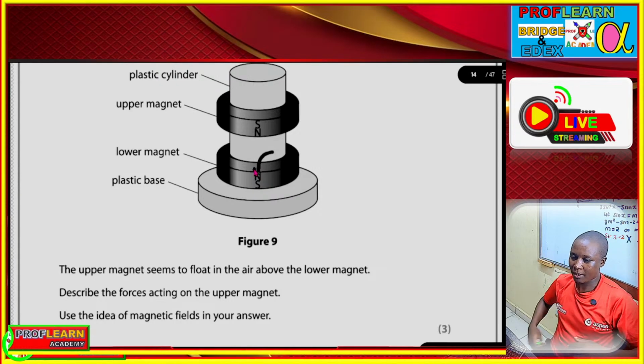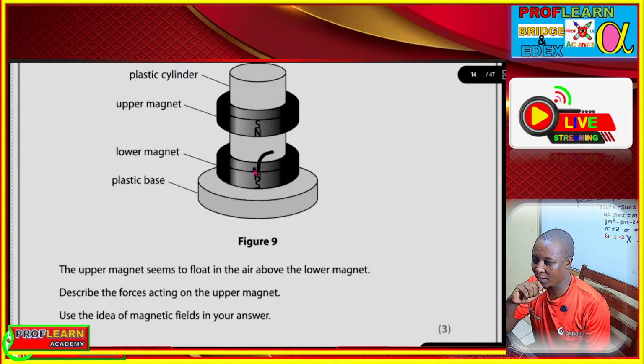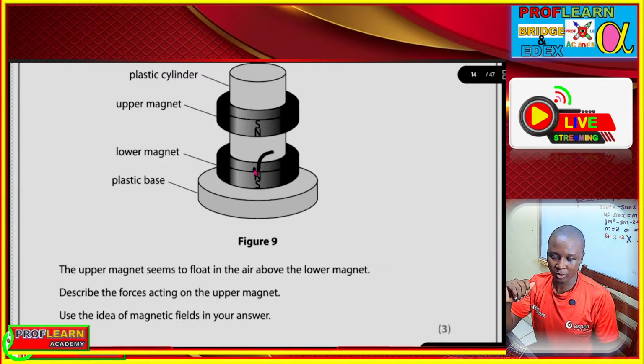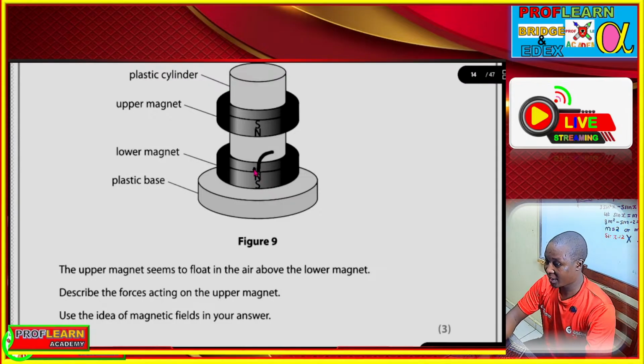Guys, can you let me know? Can you describe which forces are involved here to make this particular magnet above float? I would like to see who's going to get it first. Actually, this is the first question I've asked in this live, so let me get to know who is attentive, who is keen.